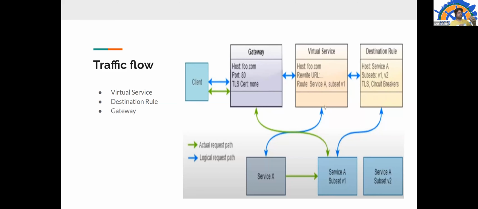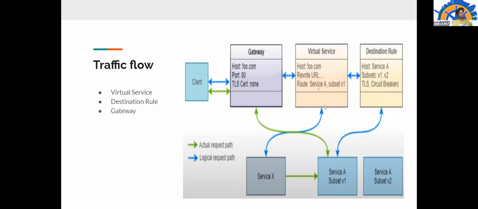So a group of applications can be represented by the same virtual service. In a single virtual service with placeholder name foo.com, you can have any number of services, service A, B, C, D, and each would serve with the same name but on different URLs. That could be one scenario.